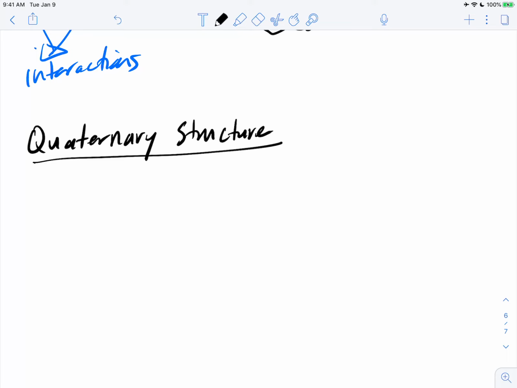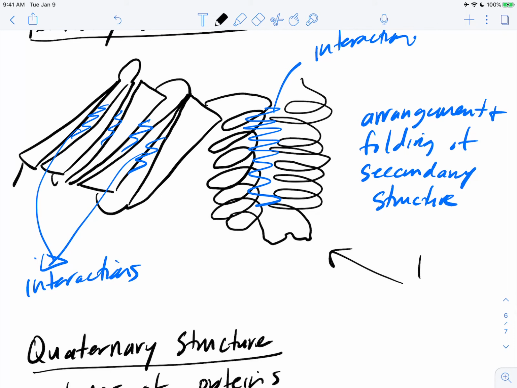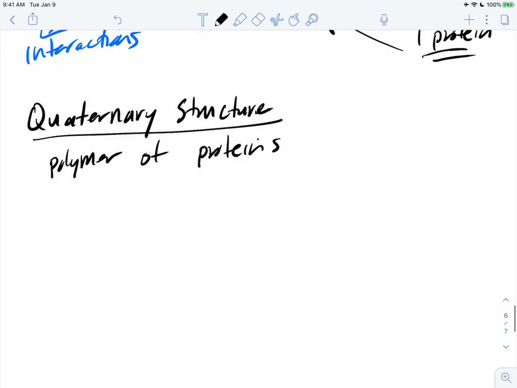And that is what we call a polymer of proteins. So this would be one protein. So this is one protein. And we can actually make a bunch of proteins that stick together, and their structures are interacting.